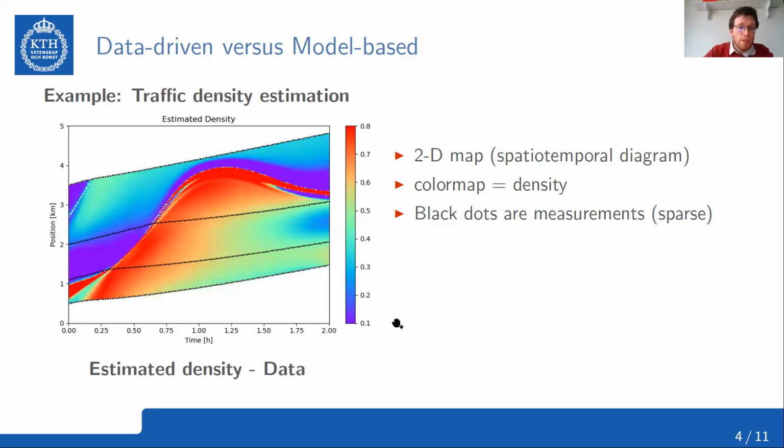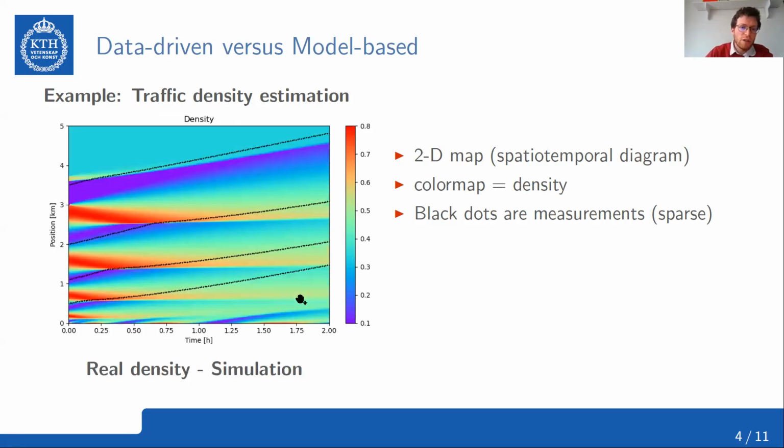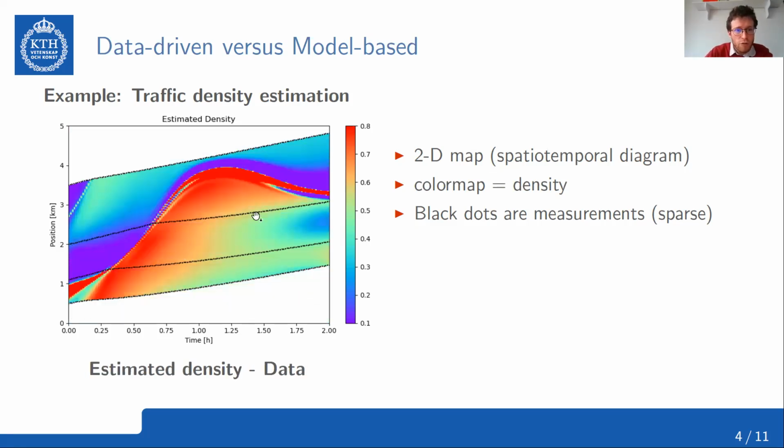So what you can do is use deep learning, so machine learning, and then this is the output. As you can see, it's not a very good estimation. I mean, it's very good on the trajectories, but since the trajectories are quite far apart, the machine learning algorithm does not know how to fill the gaps. And then it fills them with something that is not physical, just something.